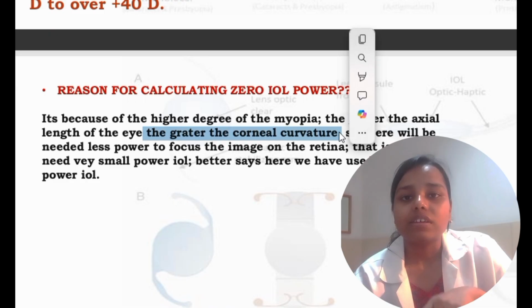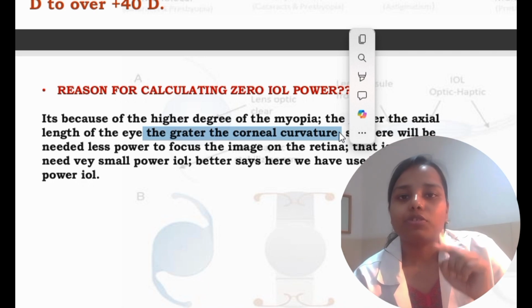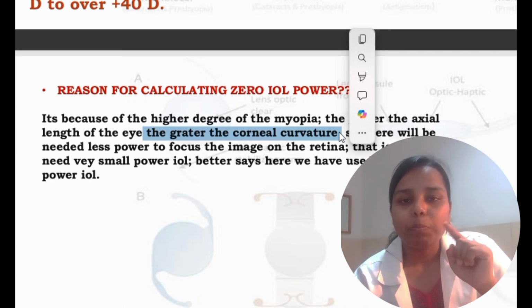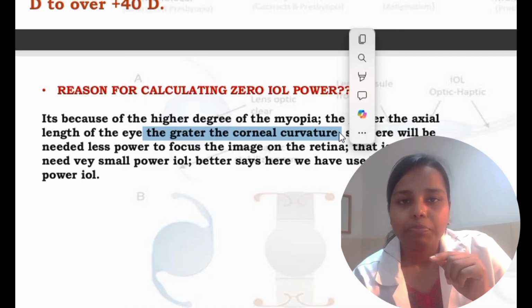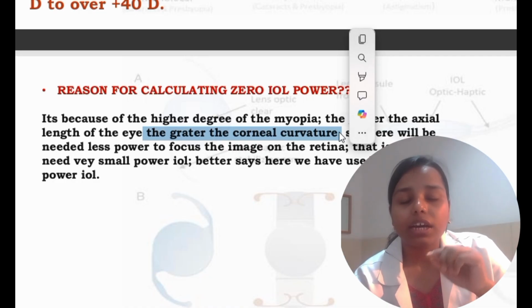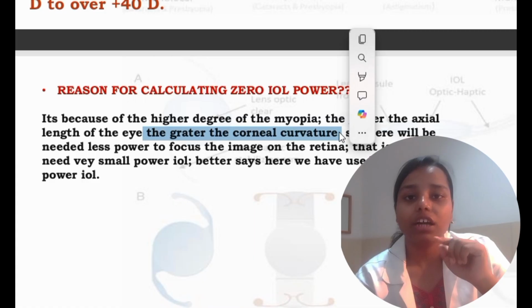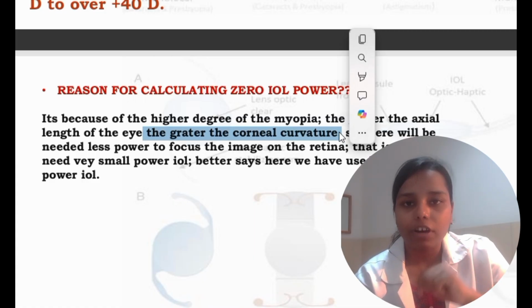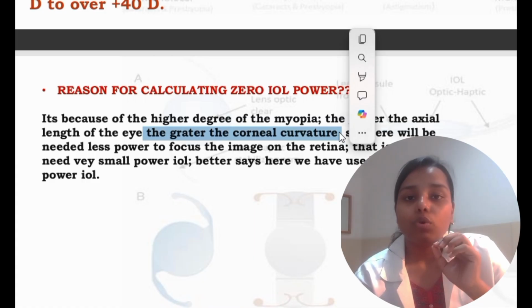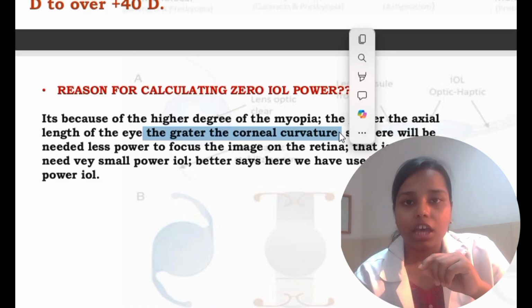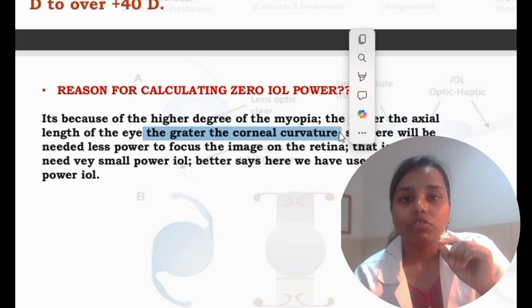Even if the patient doesn't need any IOL power, at that time also we have to put a lens in that space, in that pupillary area. Because we can't leave that patient in an aphakic condition. Why? Because in most aphakic conditions, some complications will come, and the patient can lose her vision. So that is why we need to put one lens in that pupillary area.